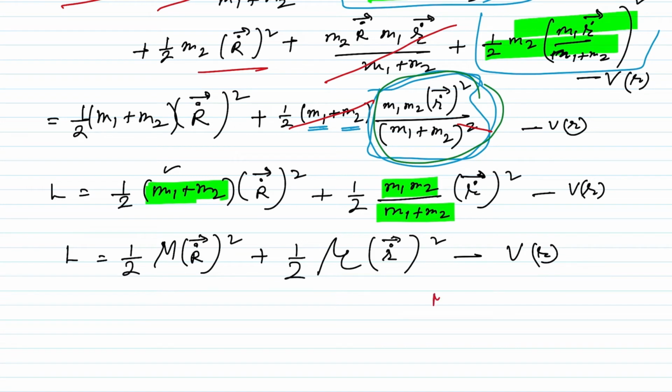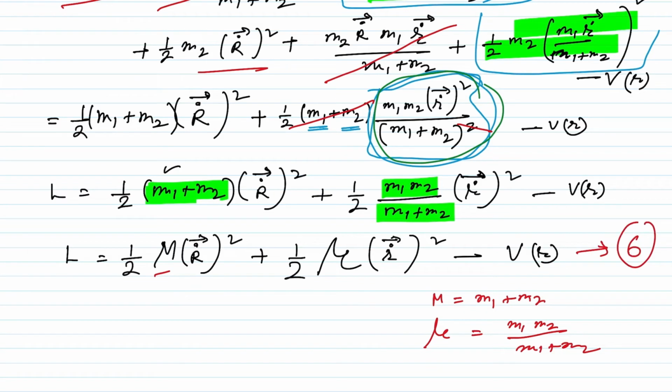Here capital M is equal to m1 plus m2, and mu is nothing but m1 m2 by m1 plus m2. So hope you have understood this. This is our equation number 6.